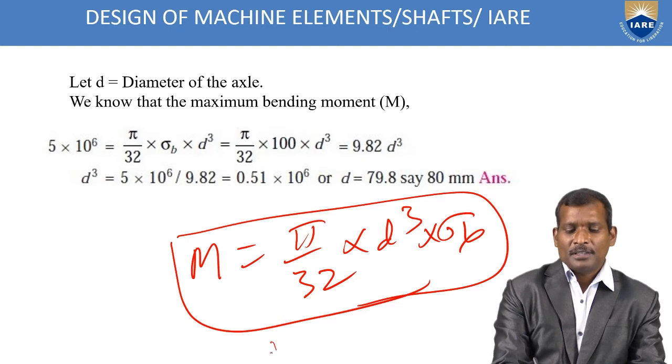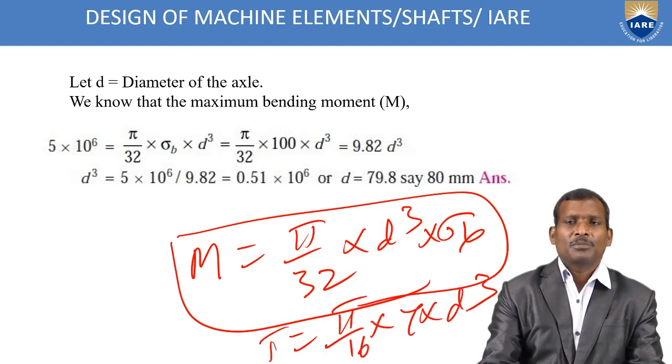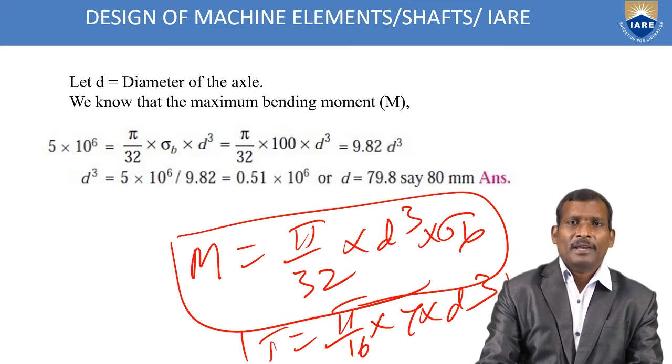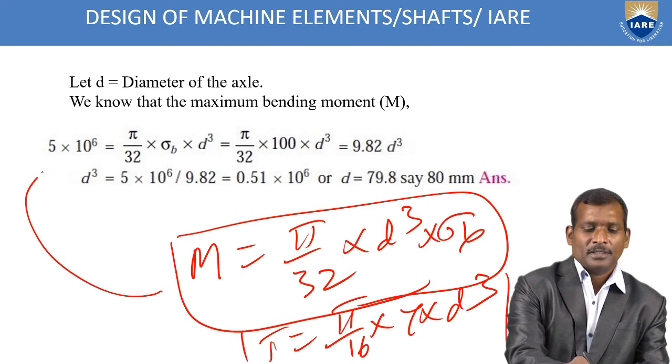And the torsion, T is equal to pi by 16 into tau into d cube. This is the torque. But here the axle is subjected to bending moment, so you should apply the maximum bending moment equation.